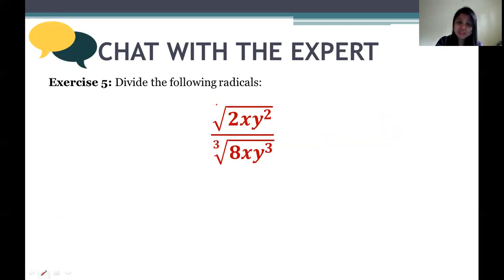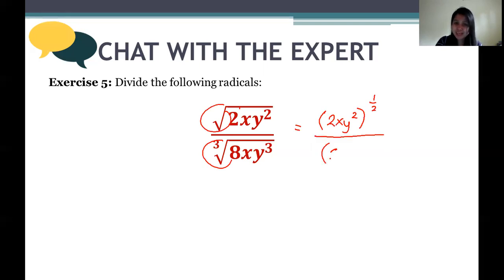They have different indices. So we write them first into rational exponents. The first is 2xy squared to the power of 1/2. The other is 8xy cubed to the power of 1/3.